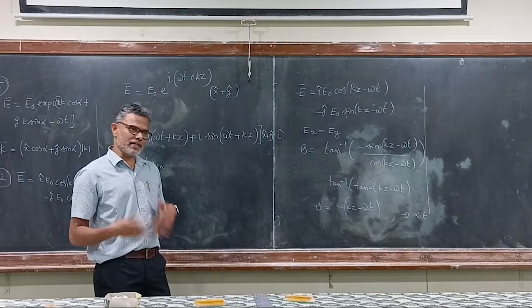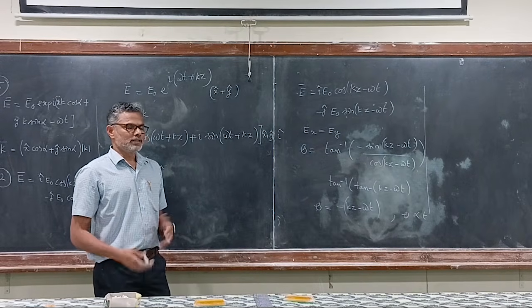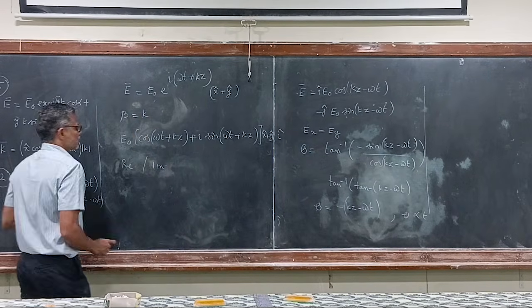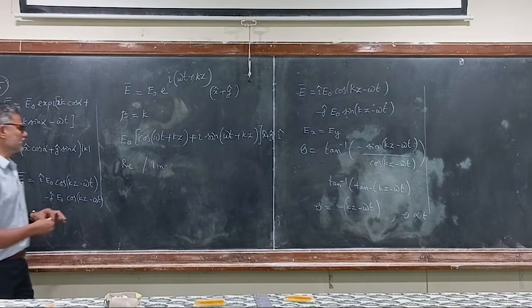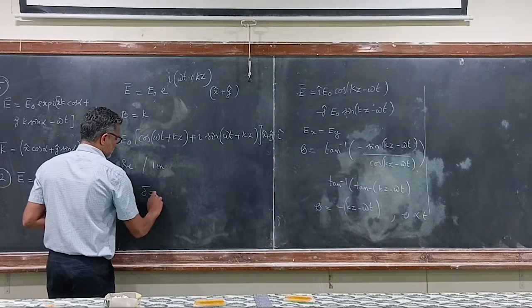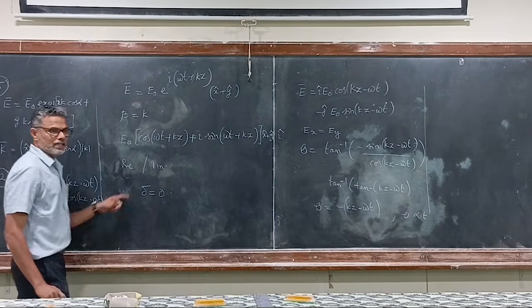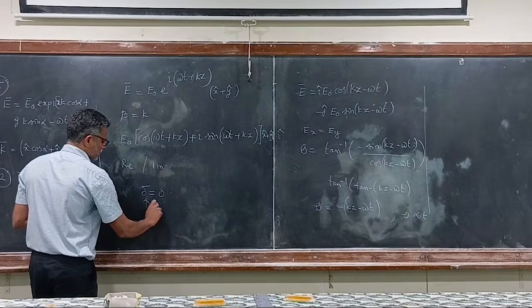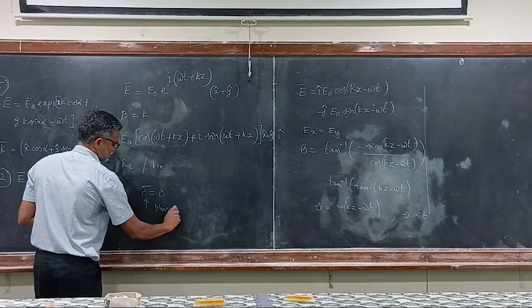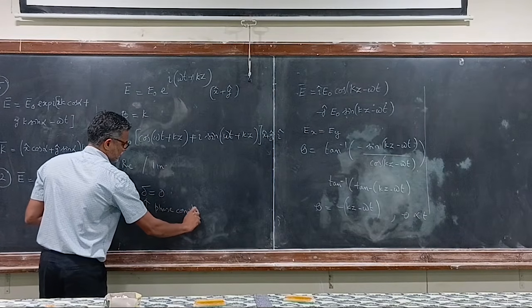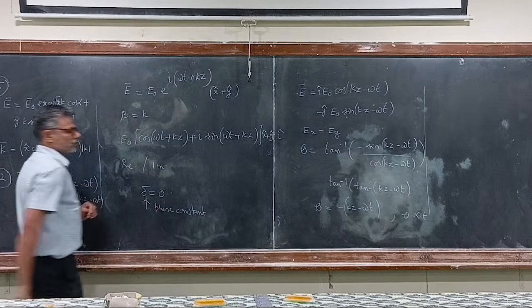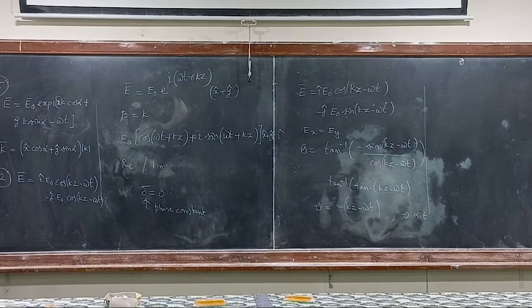If it is a combination, again it's the same starting and end point. Therefore, this is a linear polarization, because delta, the phase constant, is 0. Phase constant is 0, amplitudes are the same, so it's only linear polarization. Okay? Is that clear?